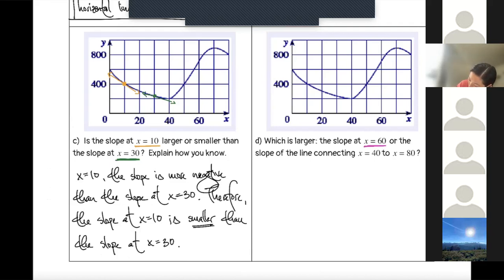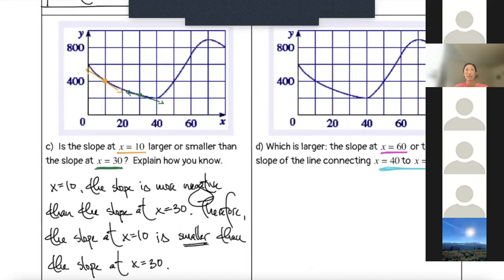All right, so let's do this. X equals 60, we're going to do that one in pink. And we'll do this one in maybe a light blue. All right. And practice drawing these on your own.